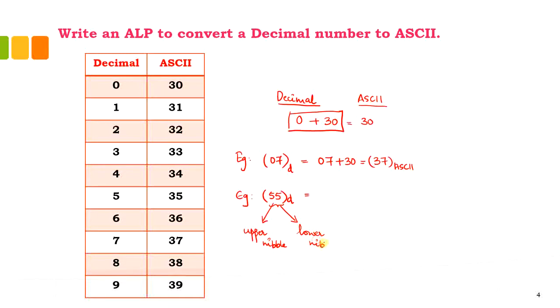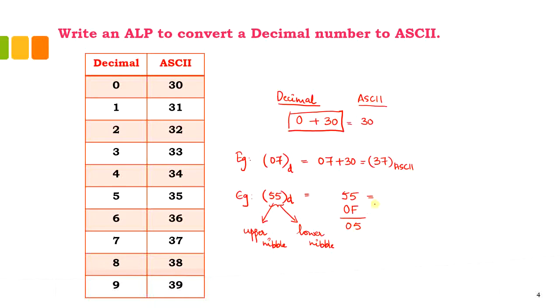So we have to mask in such a way that we obtain a number wherein only the lower nibble is present and the upper nibble is completely masked. In order to do that, we will mask it with 0FH.